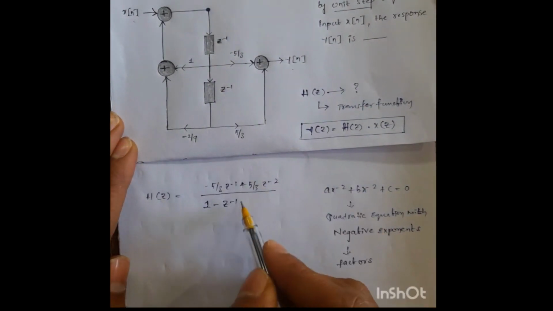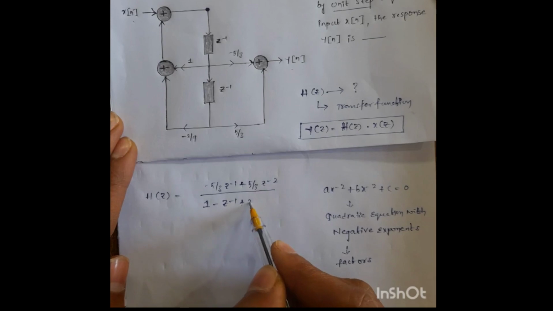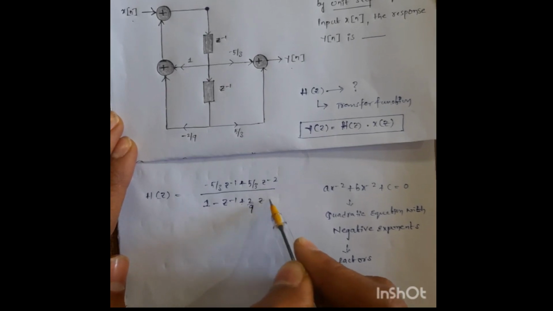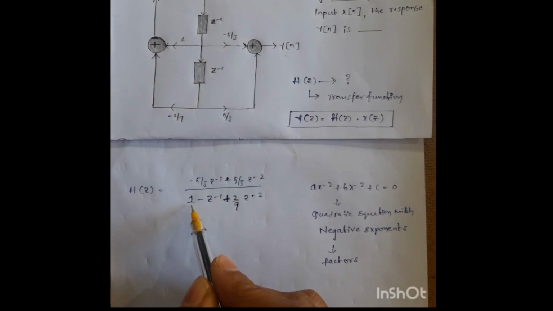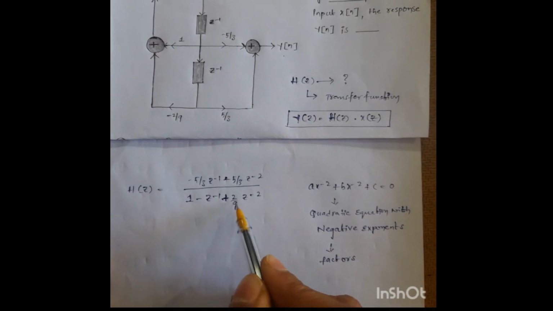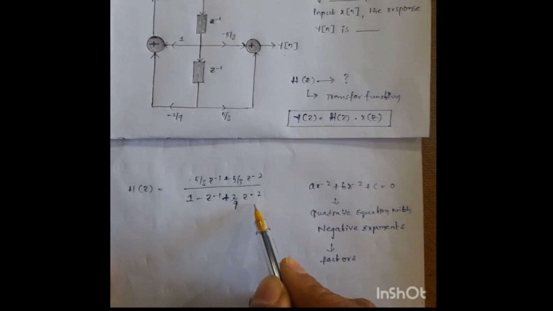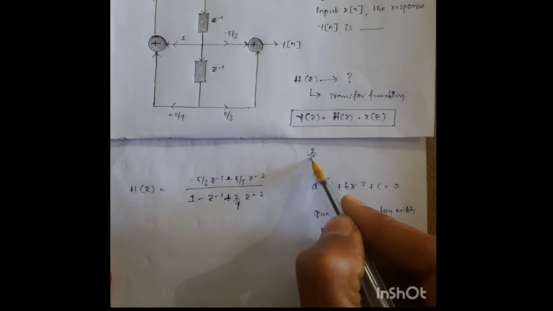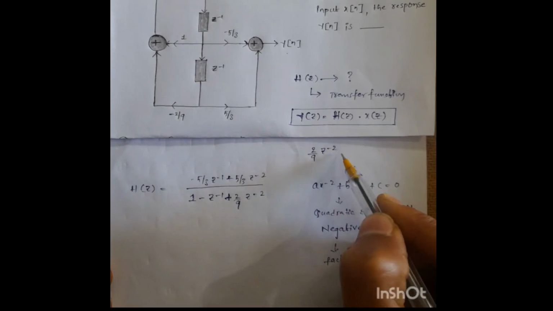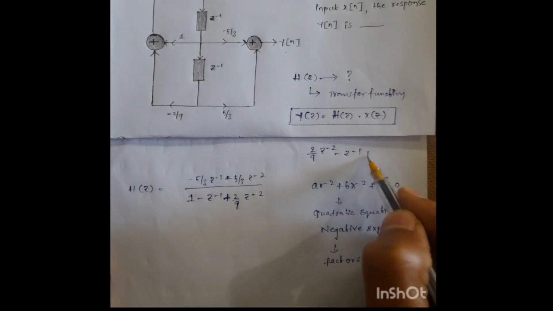So take the opposite sign, plus 2 by 9 into z raised to the power of minus 2. Here the denominator is 1 minus z inverse plus 2 by 9 into z power minus 2. So it is a quadratic equation with negative exponents. So this can be written as 2 by 9 z raised to the power of minus 2 minus z inverse plus 1 equal to 0.